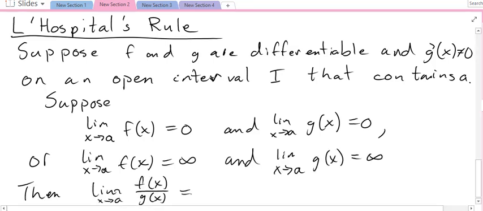So then the limit as x approaches A of f of x divided by g of x is equal to the limit as x approaches A of their derivatives, f prime of x and g prime of x.